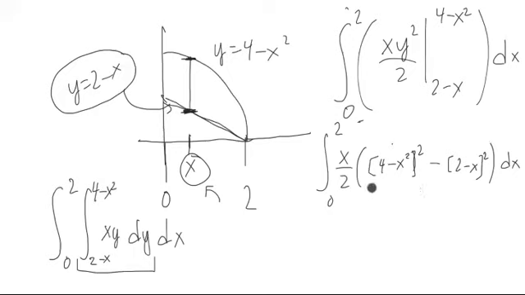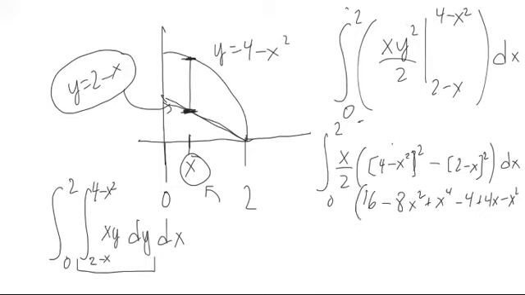Okay, so I expand this. I get 16 minus 8x squared plus x to the 4th. Here we get minus 4 plus 4x minus x squared after multiplying and distributing the negative.